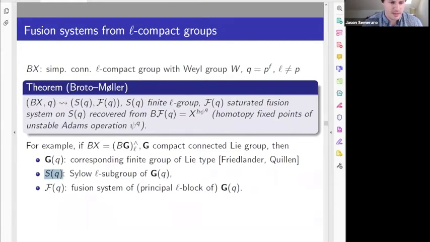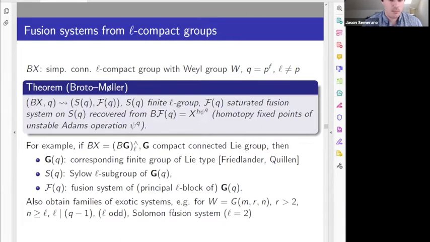So you expect the Sylow subgroup, you expect the fusion system, and you also expect G of Q, the corresponding finite group of Lie type. And this fact was actually noted by Friedlander and Quillen quite a while ago. Right, so this is good. We are generalizing fusion systems of groups of Lie type in a concrete way.